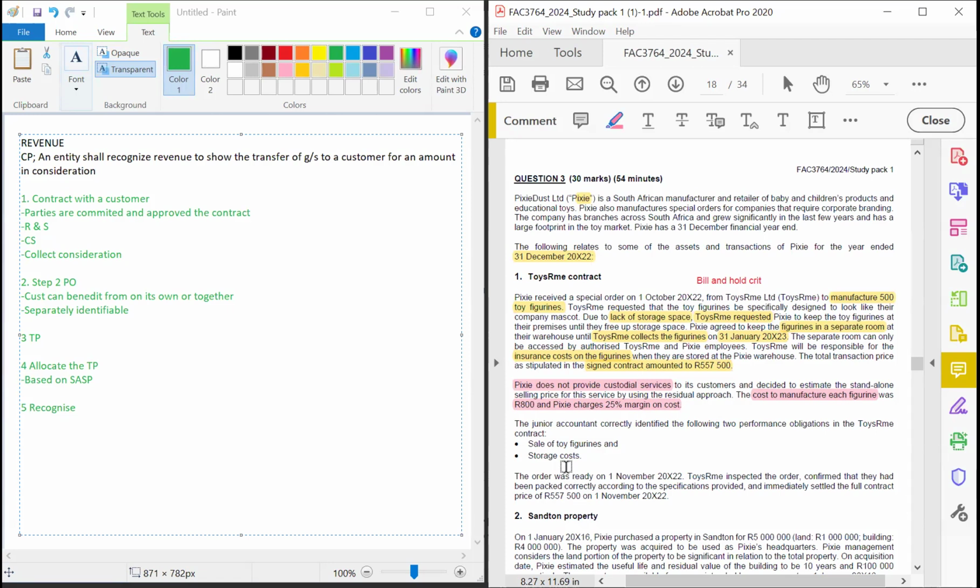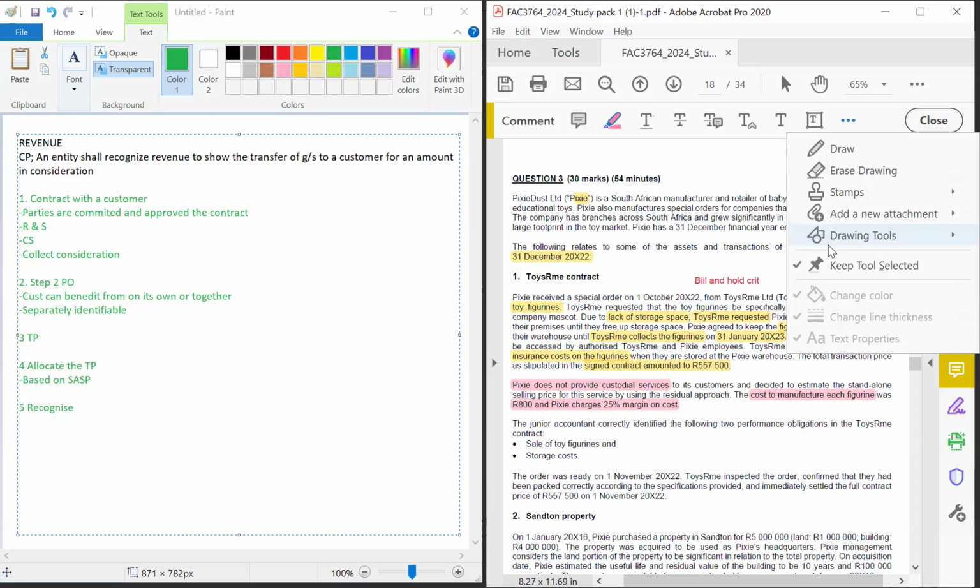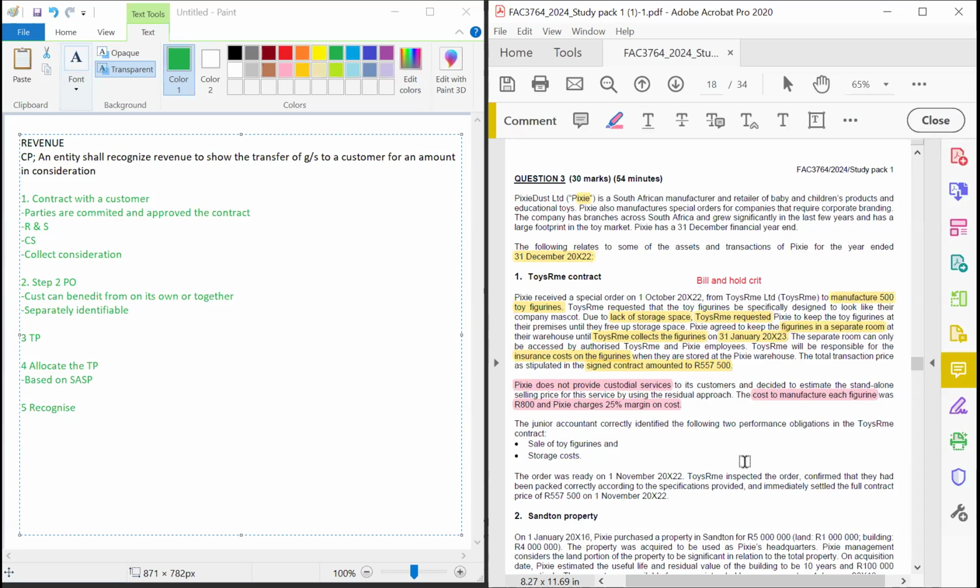So now, it further states that the junior accountant correctly identified the two performance obligations. Based on that, we can conclude that we have two performance obligations. So the order was ready on the 1st of November 2022.